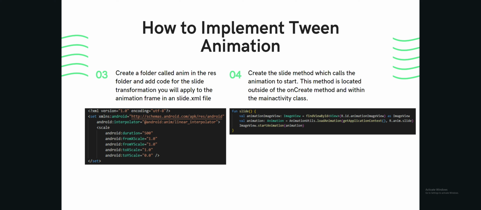So for the fourth and final step, we'll just be calling the method slide to start the animation and use the animation transformation attributes in that slide.xml, where it will then be applied to our animation frame within the animation view.